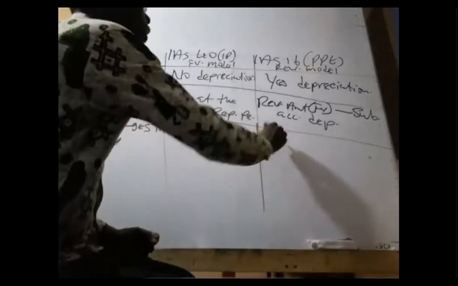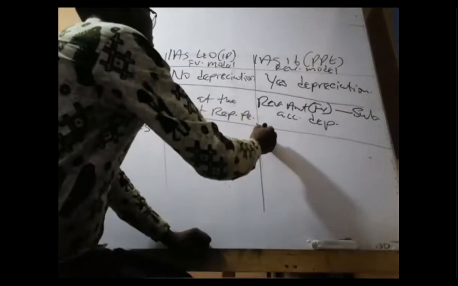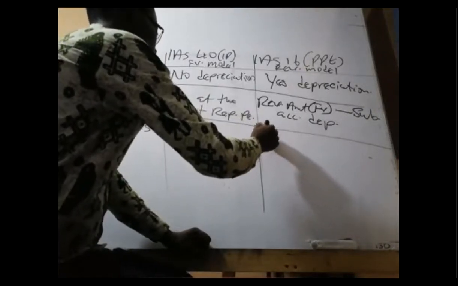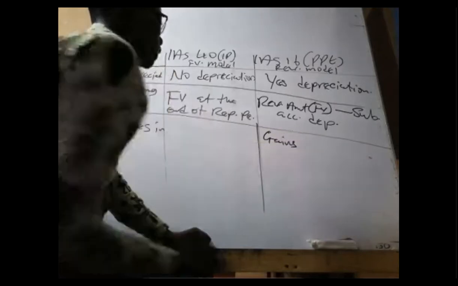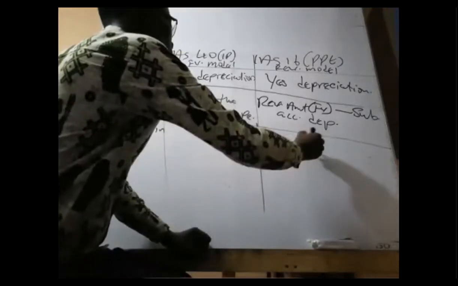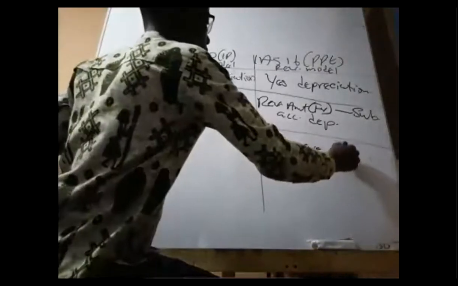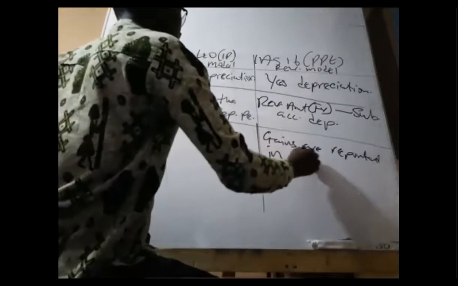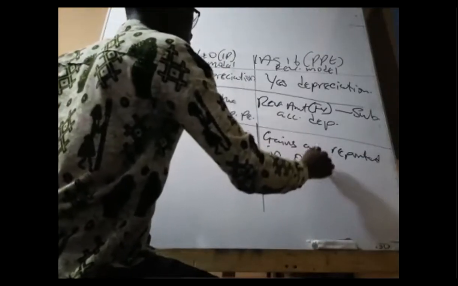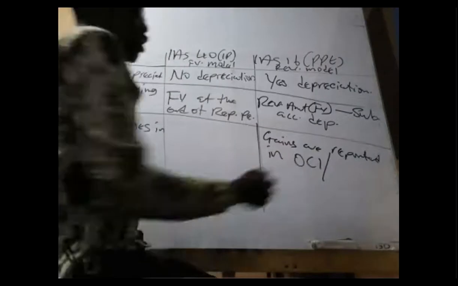So here, fair value gains are reported in OCI, which is the same as other comprehensive income or the revaluation reserve.